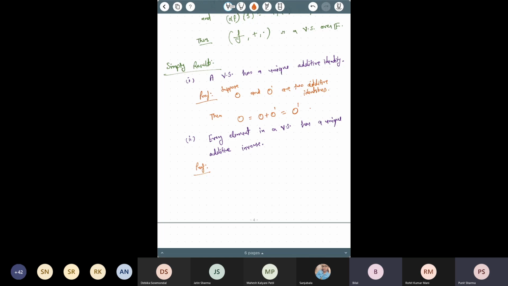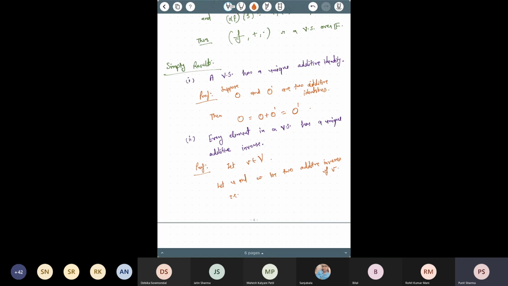Yeah, I understand what you are saying. So every element in a vector space has a unique additive inverse, and whatever you are saying should be true for every element. So let V be any element, and suppose there exist U and W, two additive inverses of this vector V. What does it mean?